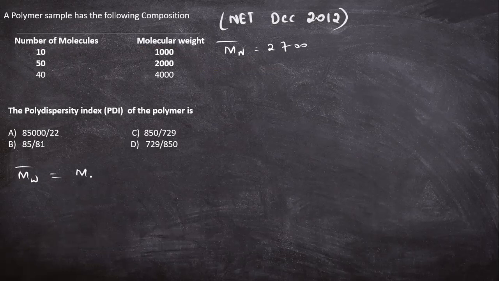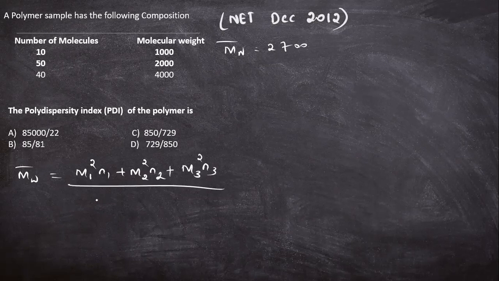For Mw, use the formula: M1 square N1 plus M2 square N2 plus M3 square N3, divided by M1N1 plus M2N2 plus M3N3. Just substitute the values first.